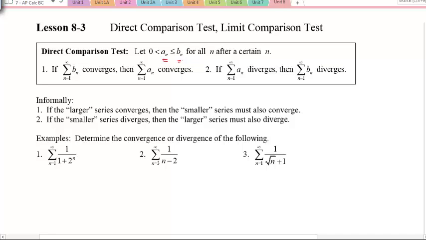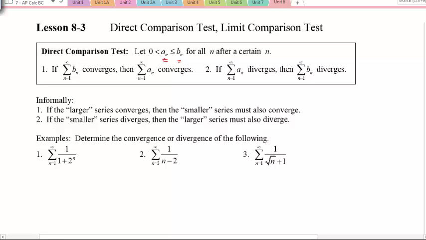Well, if the series with the b values converges, then the series with the a values also converges. In number 2, if the series in a, that's the smaller numbers, diverges, then the larger one must also diverge. And I think that's quite intuitive.